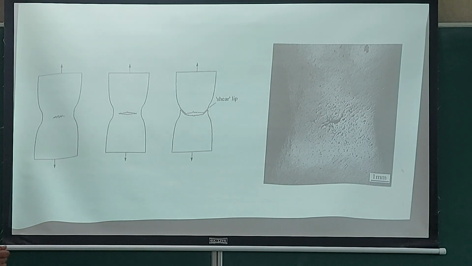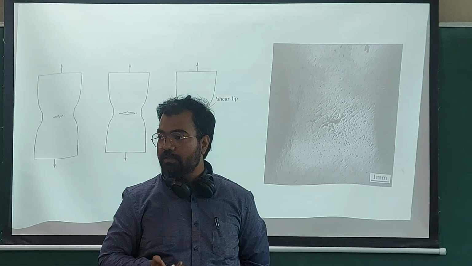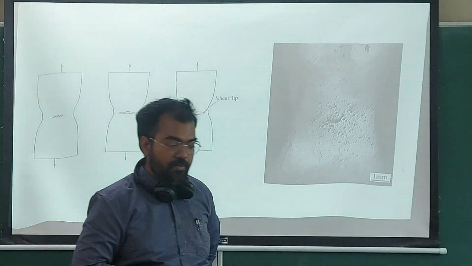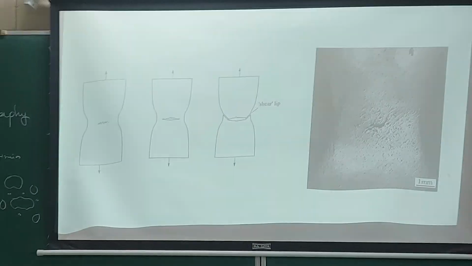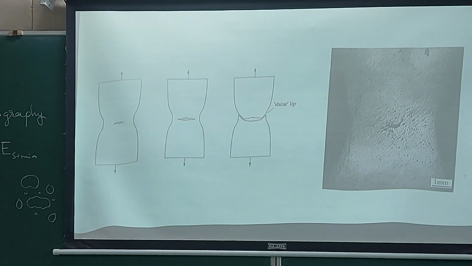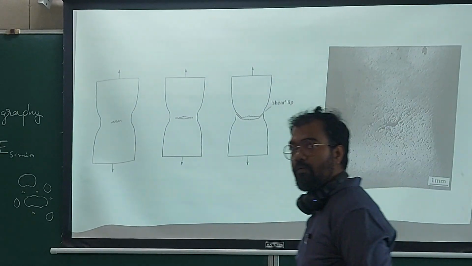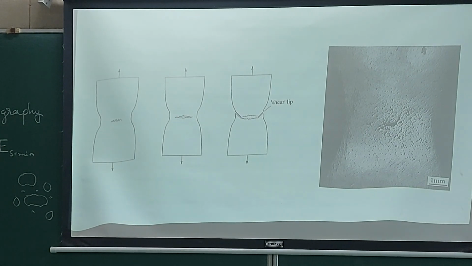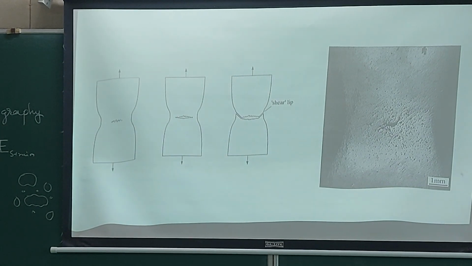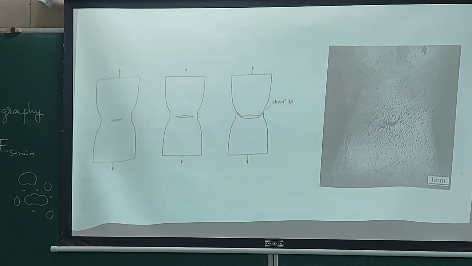And this roughness you can measure by different means. What means can you use to measure roughness? How do you measure roughness? Haven't you heard of the name roughness meter?